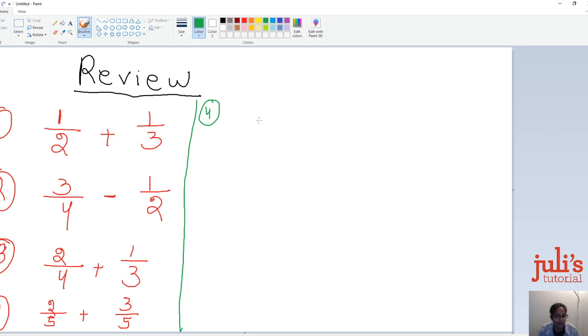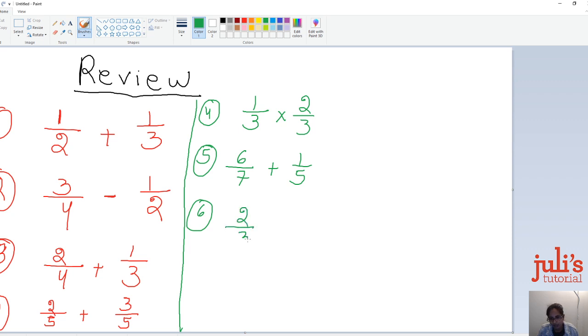Number 4 is going to be 1/3 multiplied by 2/3. 5, 6/7 plus 1/5. 6, 2/3 multiplied by 1/4.